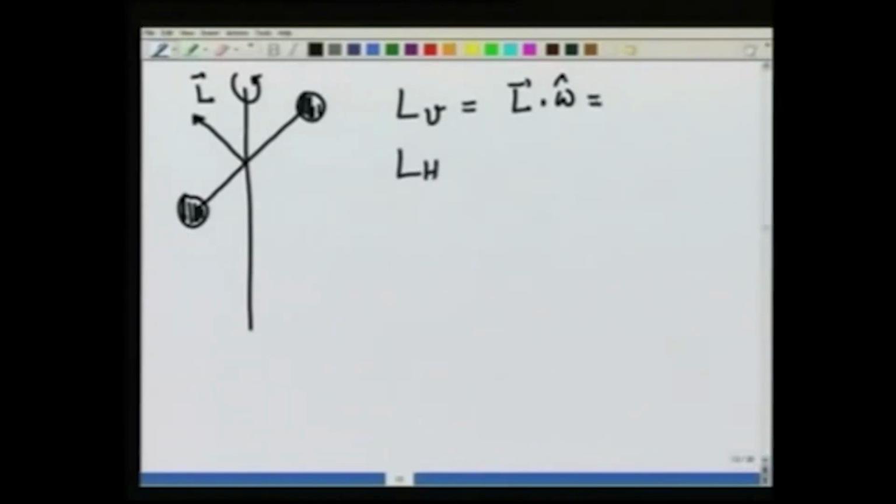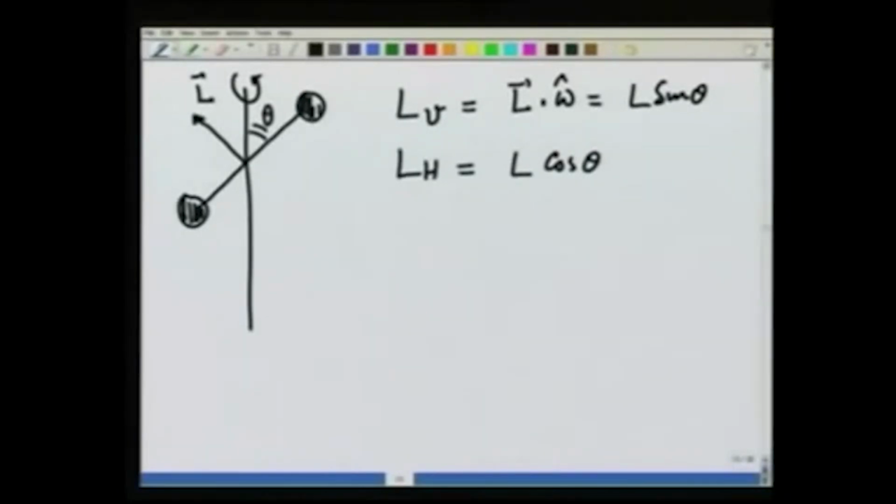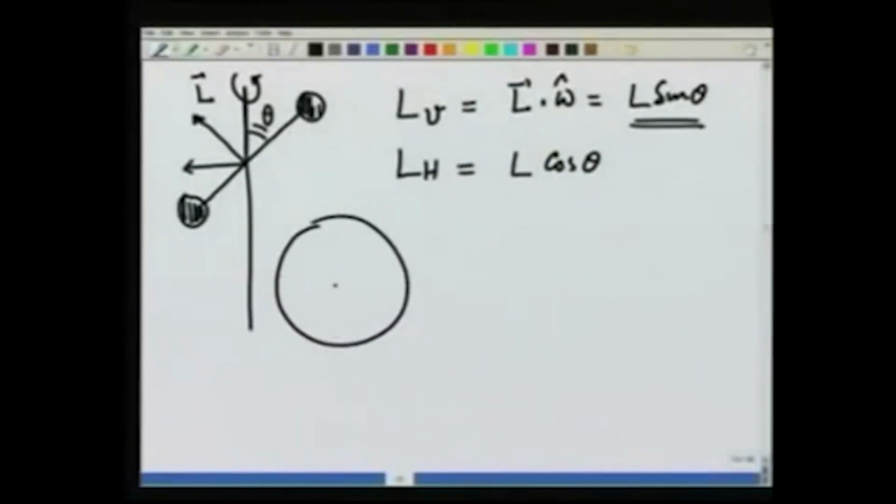If this angle is theta, this is going to be L sine theta, and this is going to be L cosine theta. As the body rotates, L is also rotating about it. Its magnitude is constant. You will see that this component along omega remains unchanged. The only component that rotates is the horizontal component. Let us see how it rotates.